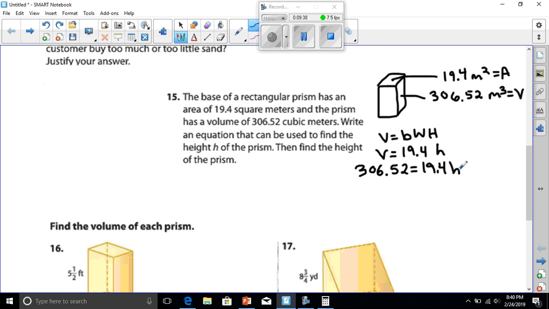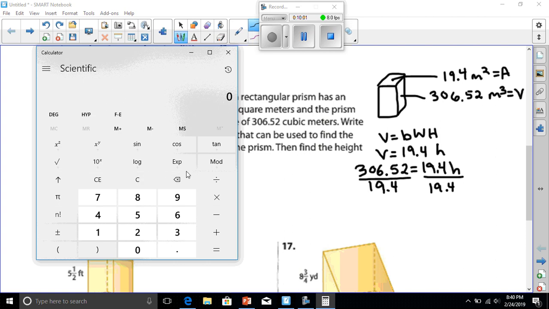We've got to get this number away from this letter. So of course, we divide that number away. And that means we're going to divide by 19.4. But remember, whatever I divide from one side, I divide from the other. So now we're going to basically have, remember, every fraction is really a division problem.